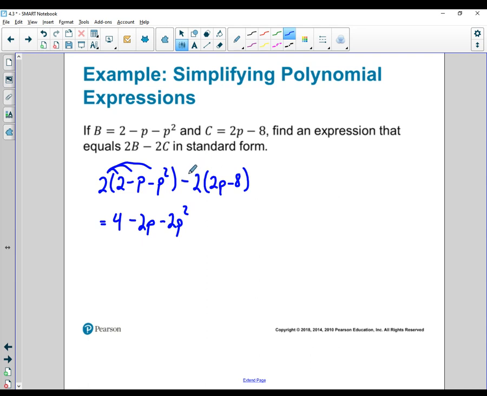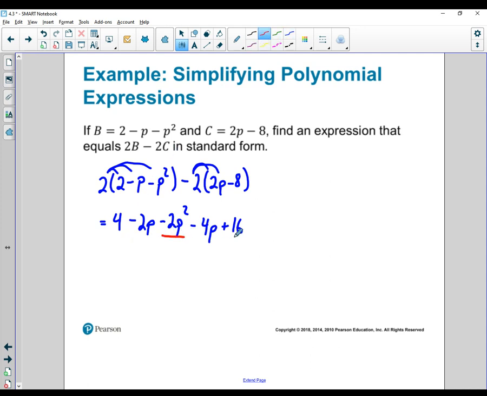Now here we have to be careful to distribute the negative. Negative 2 times 2p is minus 4p. And negative 2 times negative 8 is plus 16. Now again, I'm looking for the highest one.